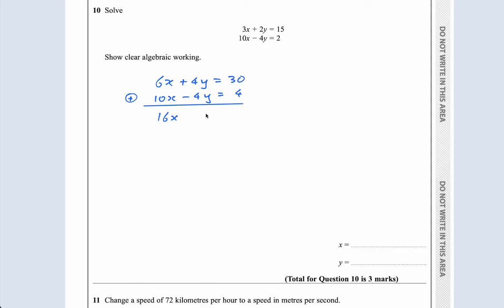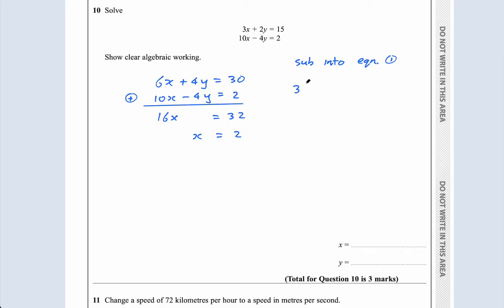16x equals, sorry guys, I was thinking that didn't seem right. I took that down wrong. It was a 2. 16x equals 32. Divide across by 16, x equals 2. Then sub into equation 1. Or you can sub it into equation 2 if you want. I'm going to sub it into 1.